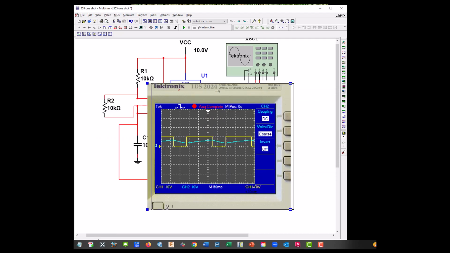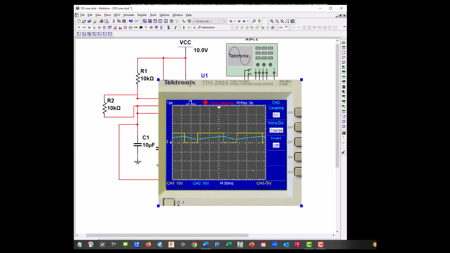Okay, so what we have here is hopefully a clear picture of our waveform. So here is our output. The blue is this capacitor charge discharge curve. And you can see where it charges when on the positive pulse, and it discharges on a negative pulse.